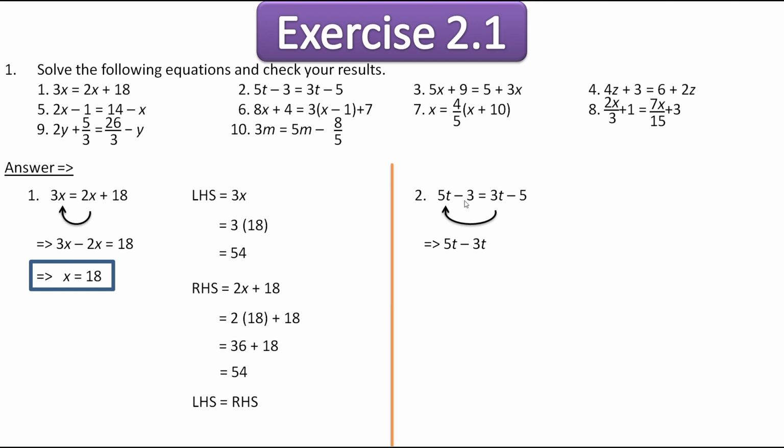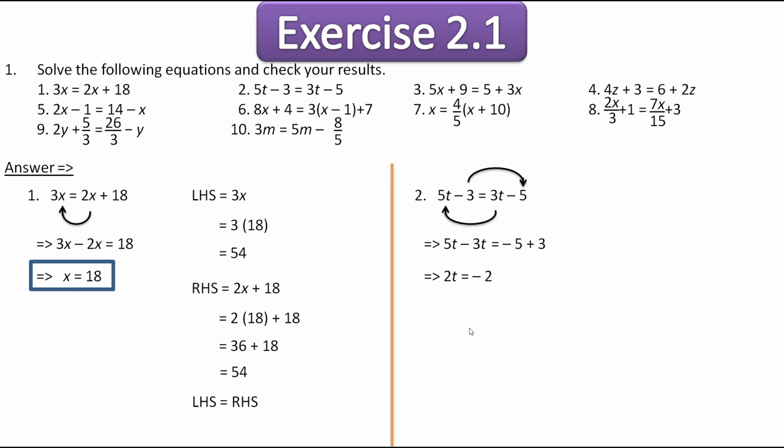Now I'll send this minus 3 to the right hand side by changing its sign. So it will become minus 5 plus 3. Minus 3 was there, now that will become plus 3, and this plus 3t was there, that became minus 3t. Okay, now 5t minus 3t is 2t, and minus 5 plus 3 is minus 2.